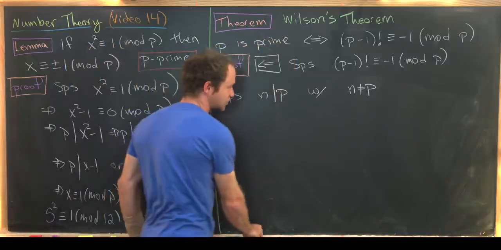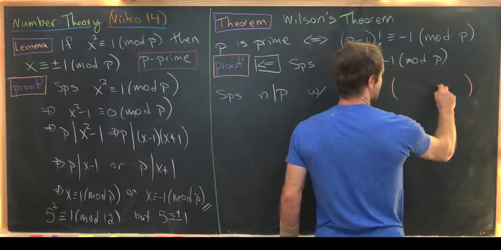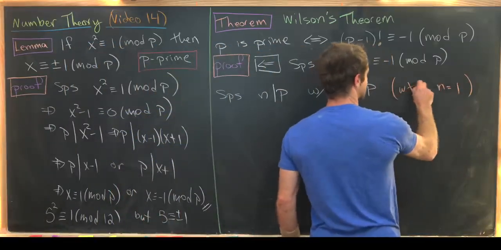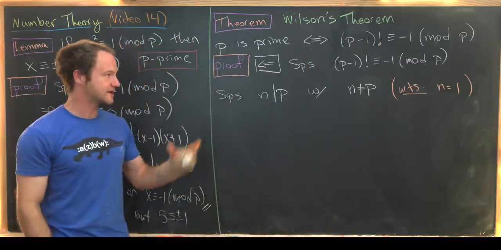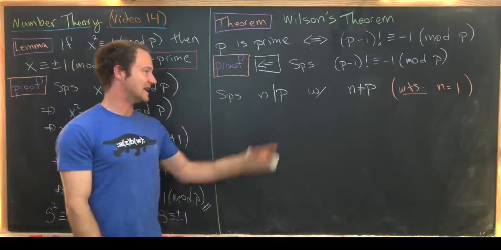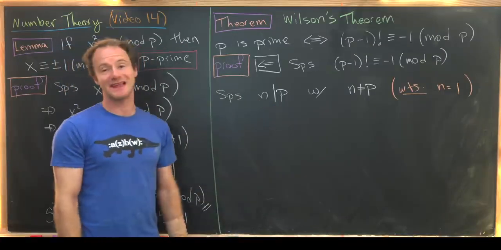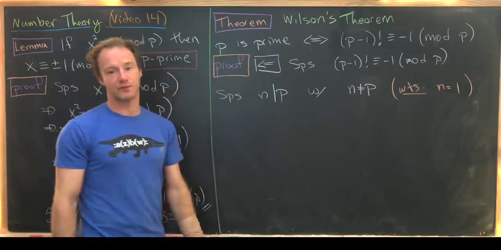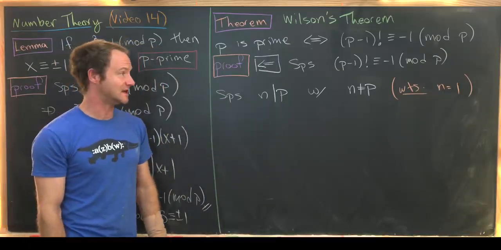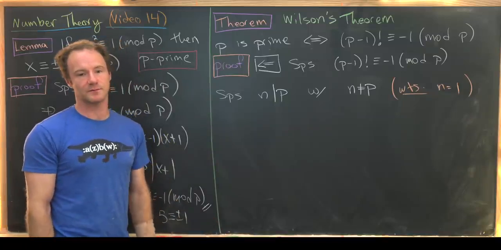So if we can show that n equals 1, then we're good to go. So I'll just put that right here as kind of like a blueprint. We want to show that the fact that n divides p implies that n is equal to 1. That's using the definition of a prime to show that indeed p is prime.